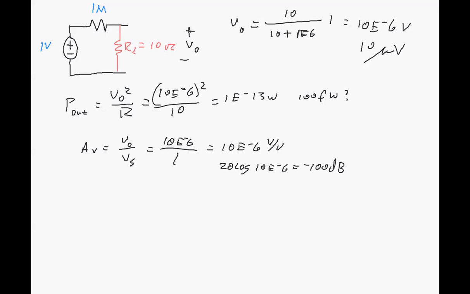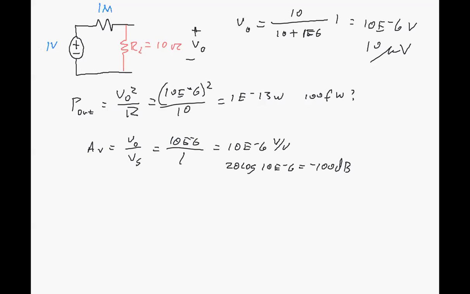This is the kind of thing that you could fix, though. Well, let's do one other thing. What's the input power? The power in, so we have power out and power in. So this would be, again, V in squared, so 1 squared divided by that resistance, 1e to the 6 ohms.